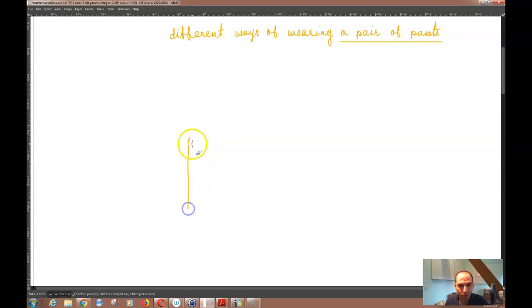It's just one item of clothing. You use the word pair to refer to this item of clothing, but nonetheless it's just one item, and of course you already know about that.